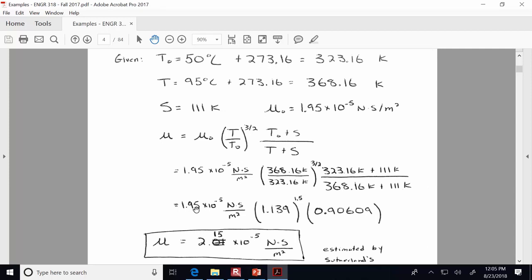The other thing I'll mention about this solution is that I have intermediate steps. It's really easy when you're putting things into your calculator to lose the broader perspective. So rather than do everything in one calculation and get the final answer, what I did was solve the answer inside of these brackets, like the 368.16 divided by 323.16. That's 1.139.